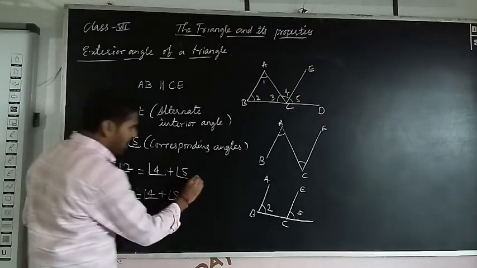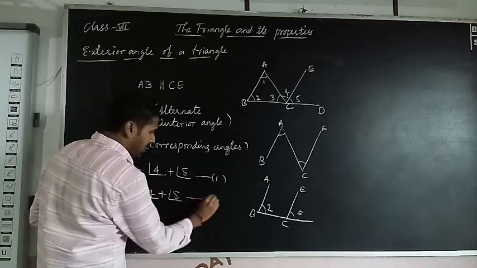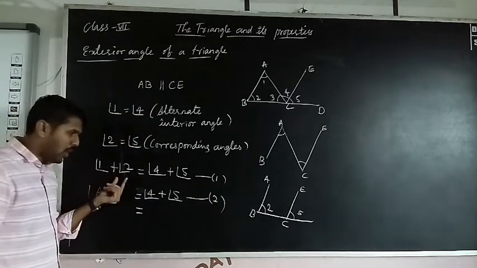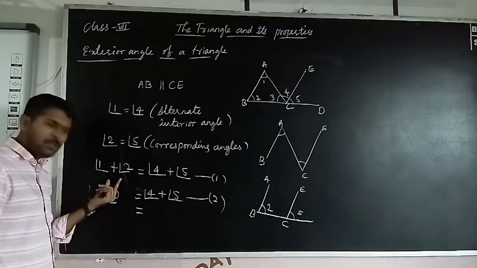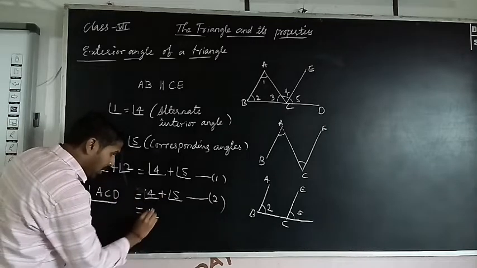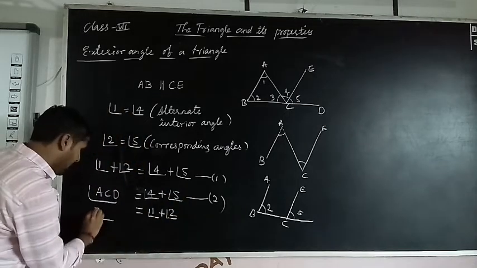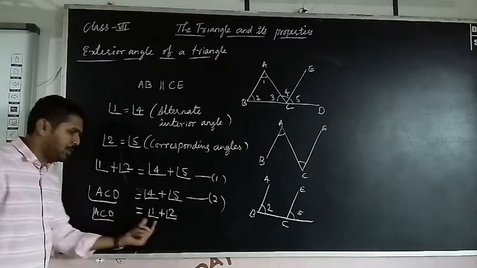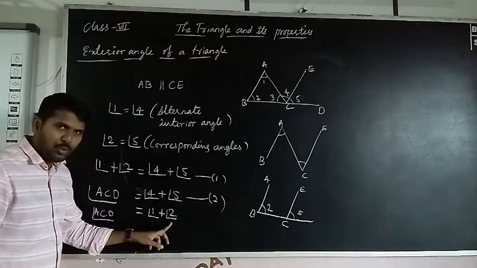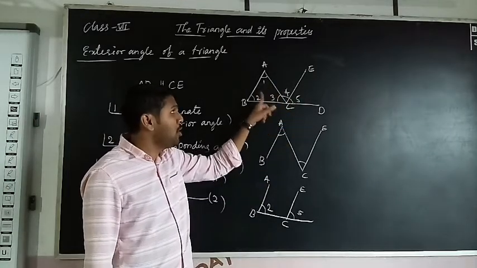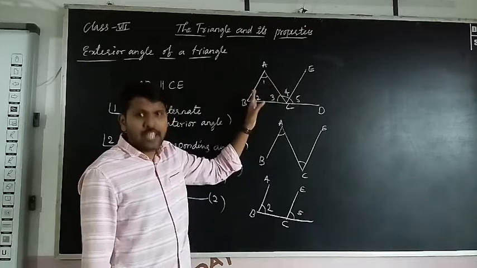So this is equation 1 and this is equation 2. By using equation 1, 4 plus 5 equals 1 plus 2. So angle ACD equals 1 plus 2. That is, exterior angle equals sum of interior opposite angles.